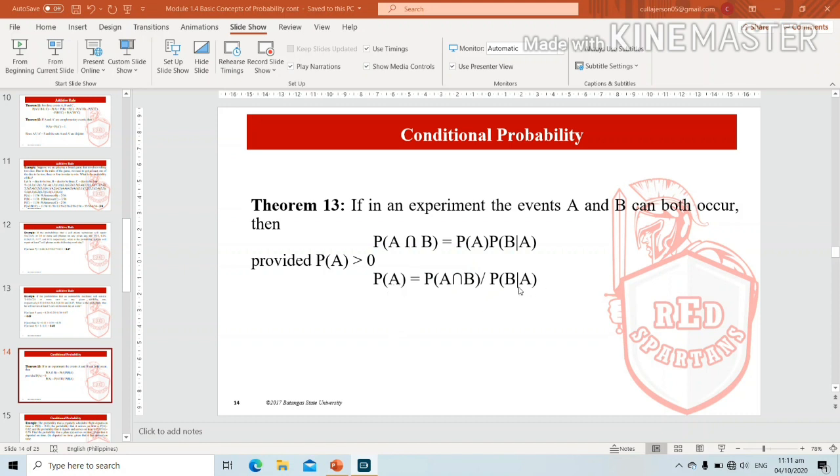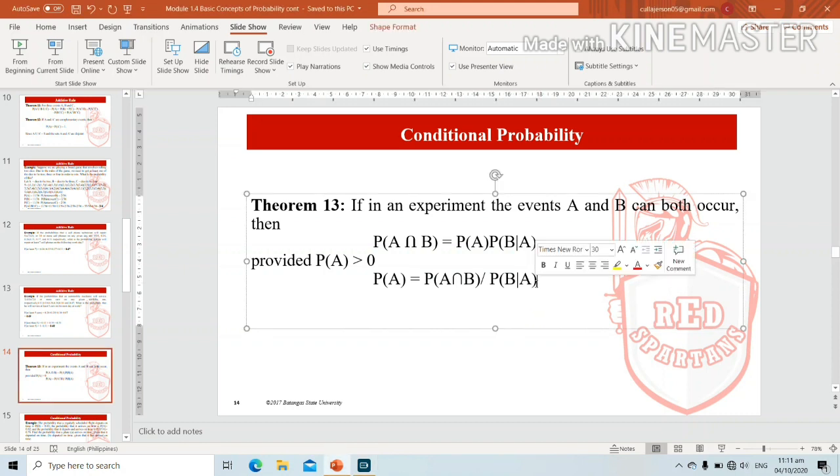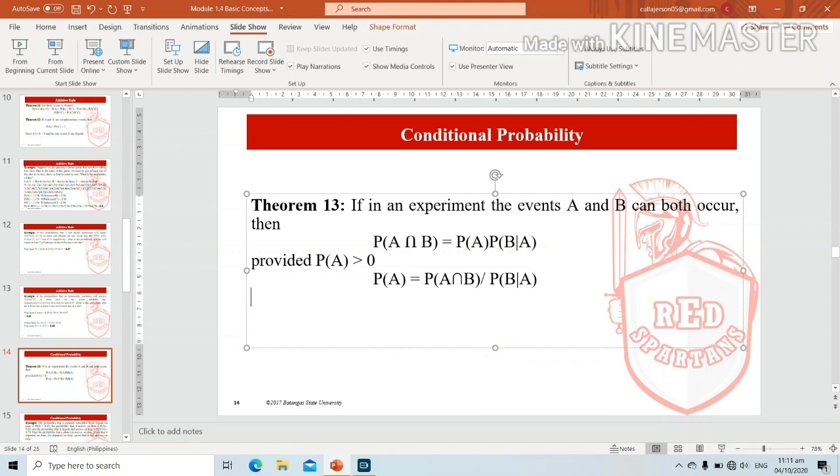Pero for example, ang atin namang hinahanap lagi ay, for example, find the probability that B given A. Ang gagawin nyo lang, probability ng B given A is equal to, ang nasa numerator lagi ay intersection ng dalawang event.